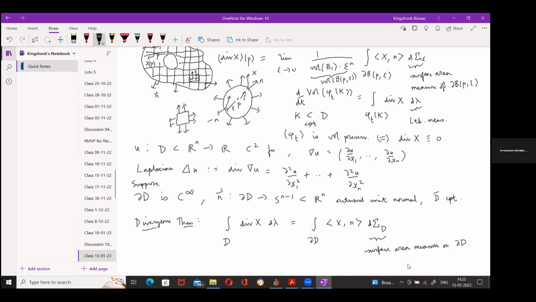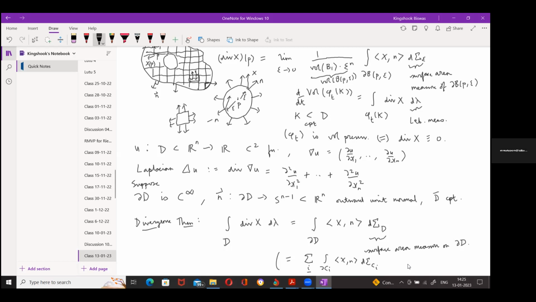And so I can write, you'll only get an integral over the boundary. All these faces will also cancel, right? So you'll only get an integral over the boundary. So this you can write as a sum over some set of cubes, say C, of the integral over the boundary of Ci of X dot n d sigma Ci.